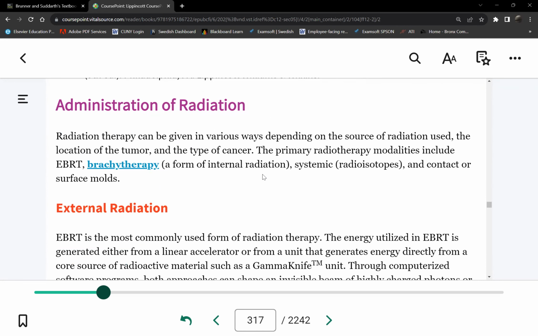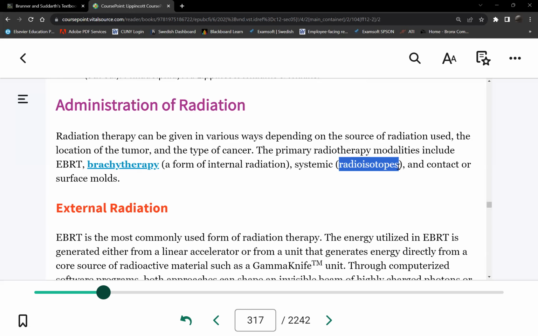So as I've mentioned, we have two types. We have external and internal radiation. Internal radiation, an example is brachytherapy. This is a type of sealed radiation. That's internal radiation. And then we also have unsealed radiation therapy in the form of radioisotopes.